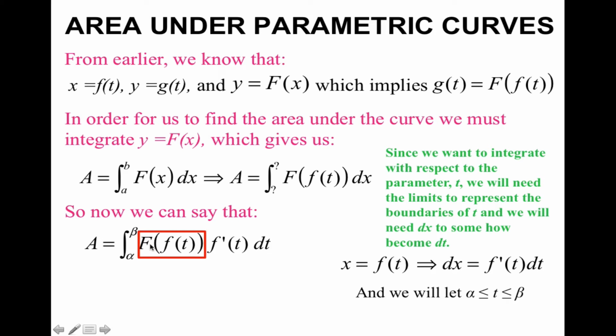Well, we know that big F of little f of t is the same thing as g of t. So therefore, we can say that the area underneath parametric curves is given from alpha to beta of g of t times f prime of t dt.